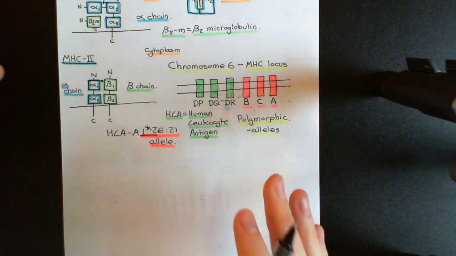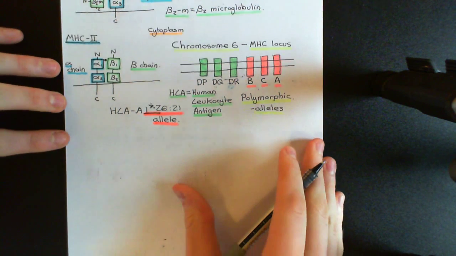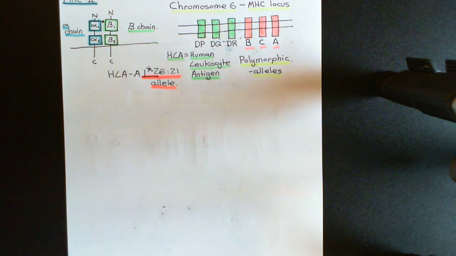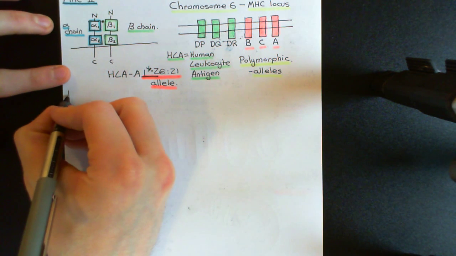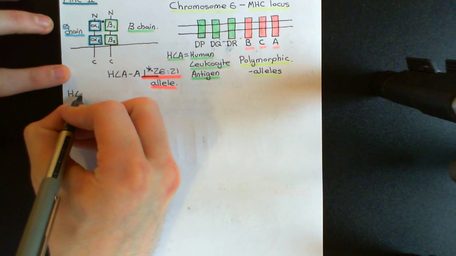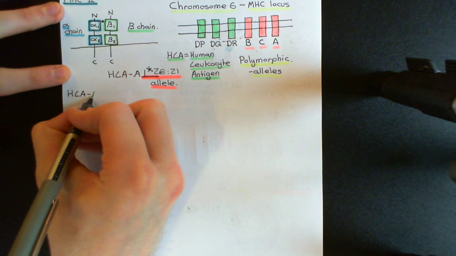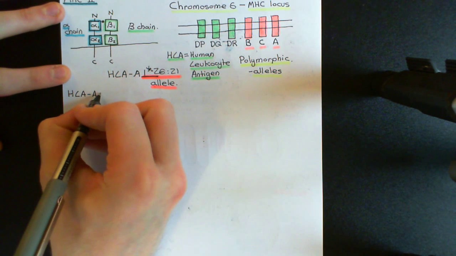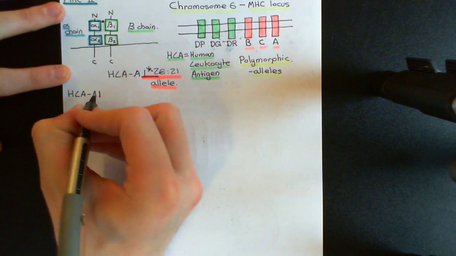So let's say that we have a certain type of HLA, a certain type of MHC complex. Just to take a specific example, let's say that I have an HLA-A MHC class 1 complex, and let's say it's an HLA-A1.